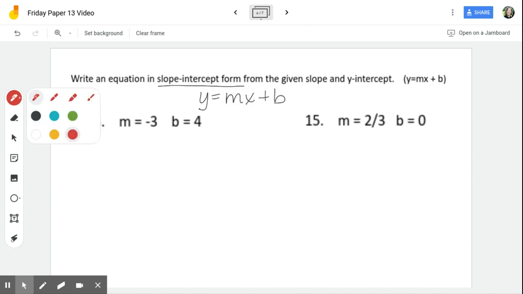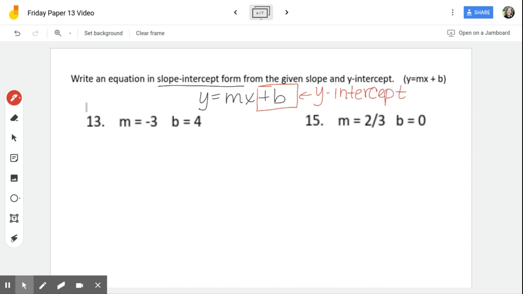Okay, as a reminder, in this form, this is called the y-intercept. Now, it's not an intersect. It's an intercept like an interception in football. Okay? It's where the line crosses the y-axis.